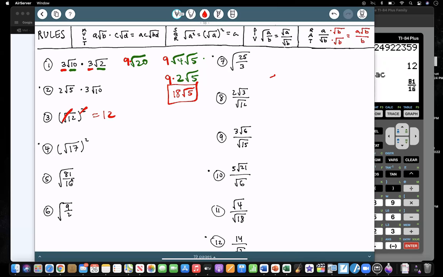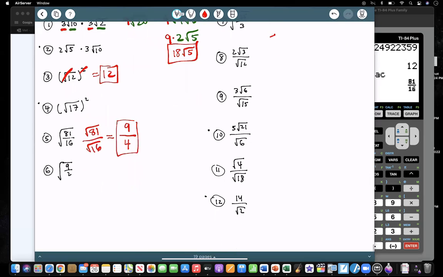But using my division rule, remember, if I'm taking the division, we can give the radical to both the numerator and the denominator. So I could take the square root of 81 and the square root of 16. So distribute that radical. And now I can simplify it because the square root of 81 is 9 and the square root of 16 is 4. Right, so now that would be in simplified form. All right, so if you can't do the division, you can distribute the radical.